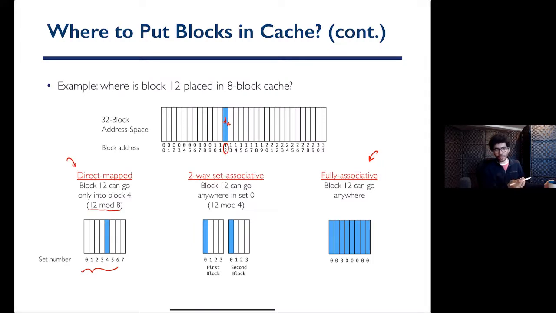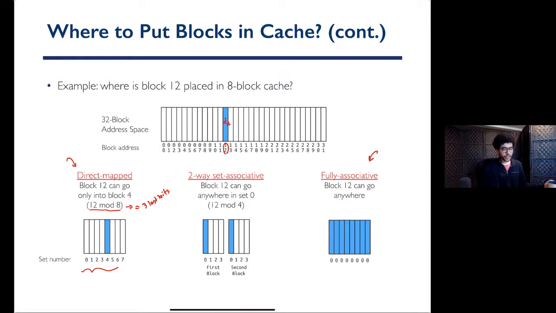So I get the address, I do the mod 8. This is basically getting the last 3 bits. So this is equal to the last 3 bits. That gives me the set number for this particular example.